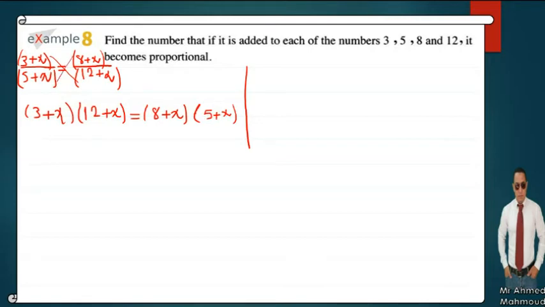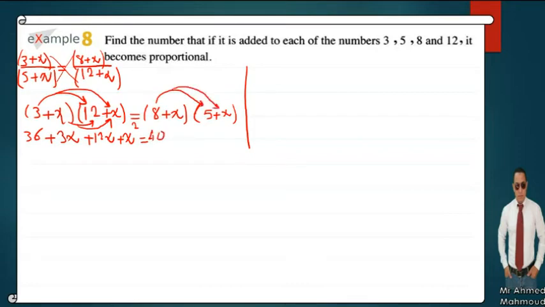Now I will distribute: 3 times 12 equals 36, 3 times x, positive 3x, x times 12, 12x, plus x times x equals x². And on the right side, 8 times 5 equals 40, 8 times x, 8x, x times 5, positive 5x, x times x equals x².